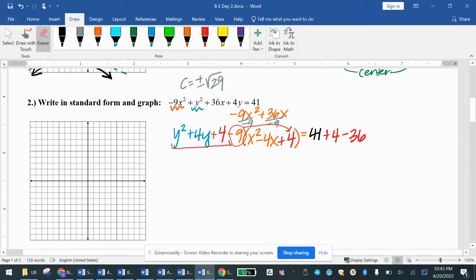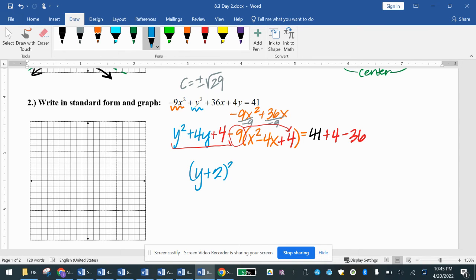Okay, so if I factor these trinomials, I'm going to have y plus 2 quantity squared minus 9 times x minus 2 quantity squared equals 41 plus 4 is 45, and 45 minus 36 is 9. When it comes to hyperbolas, they have to equal 1. So my last step is to divide every single term by 9, okay?